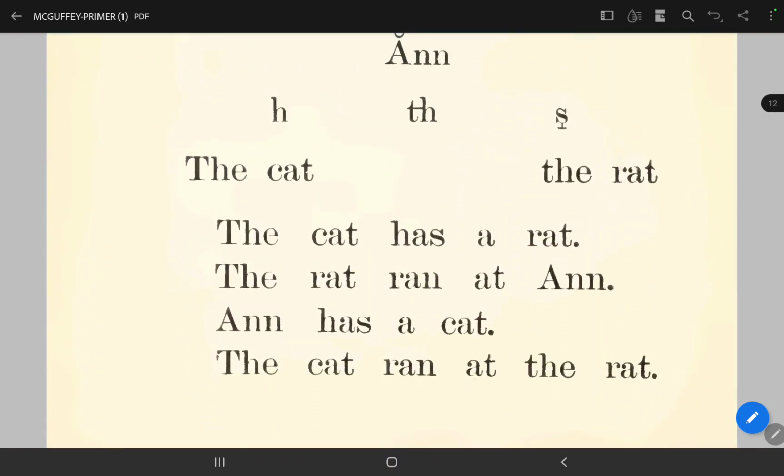Now, the first sentence we have right here, these words, we have capital T-H-E, the. C-A-T. Let's sound that out. C, you learned was K. A, T. Cat. The cat.